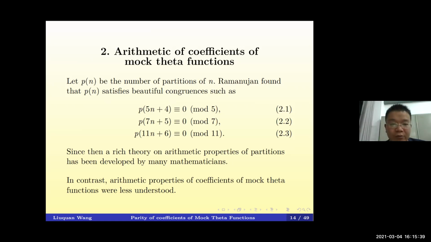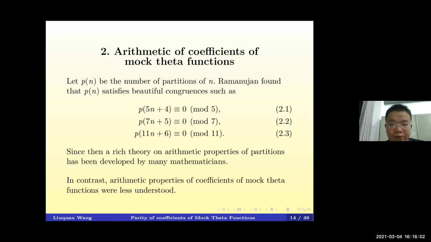So let's have a brief review of that. Let p(n) be the number of partitions of n, and in 1919, Ramanujan found that p(n) satisfies some beautiful congruences, such as these three, and now they are recognized as Ramanujan congruences and are very famous in the theory of partitions.